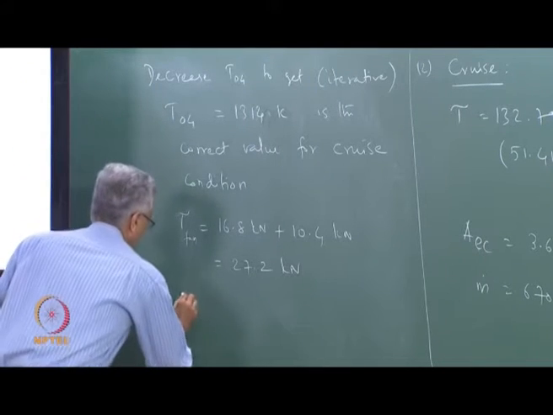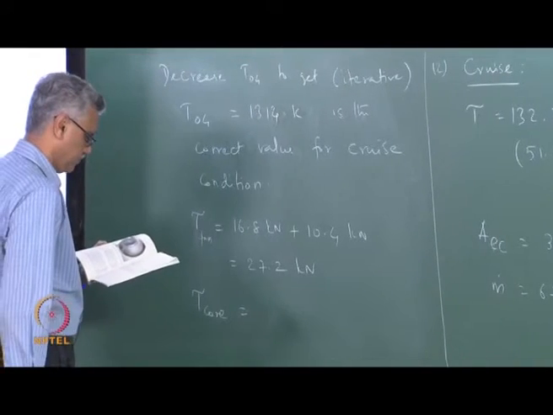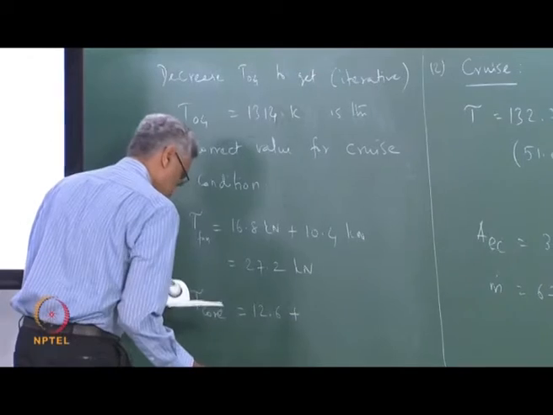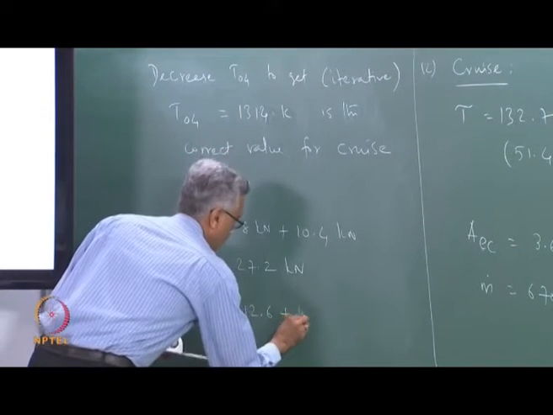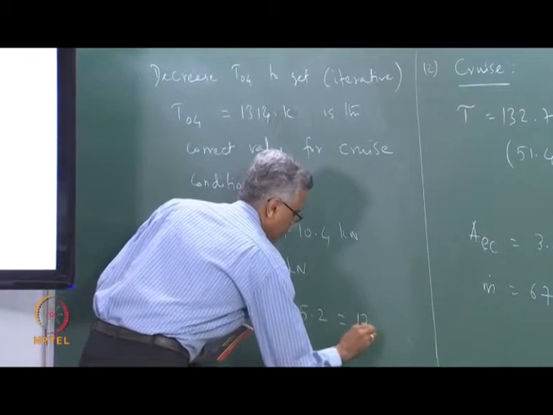and the core engine is equal to 12.6 kilonewton plus 5.2 kilonewtons, which gives me 17.8 kilonewtons of thrust.